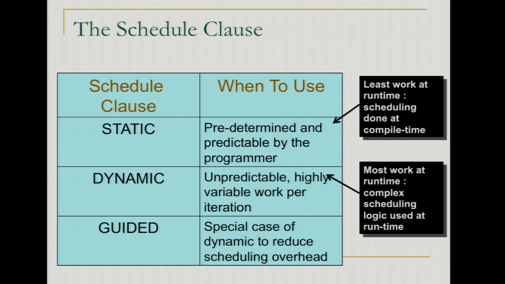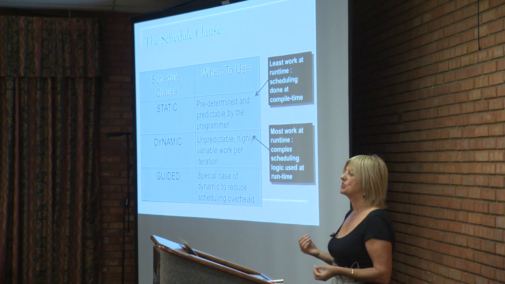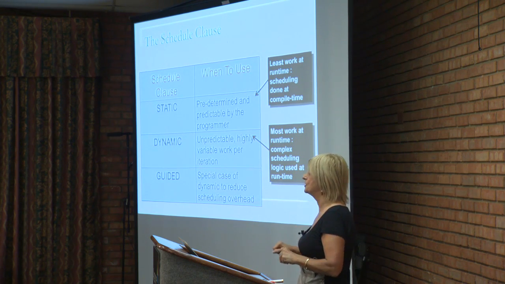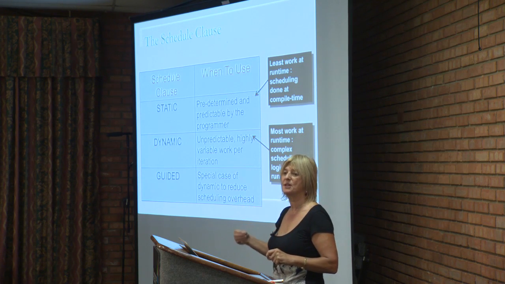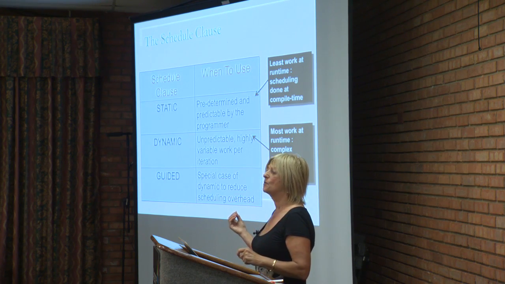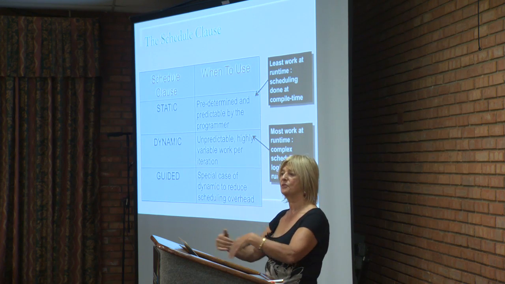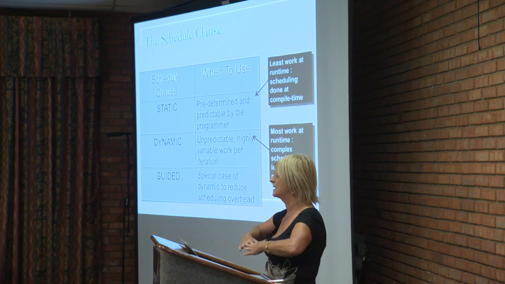However, in contexts, probably not HPC contexts, where there's likely to be a fair amount of system noise, the system could slow a thread down. If you have a static distribution and one thread is suddenly going off and doing something for the OS, it's going to be way slow. Everybody waits at the end, so all the other threads are going to be degraded to the same point.